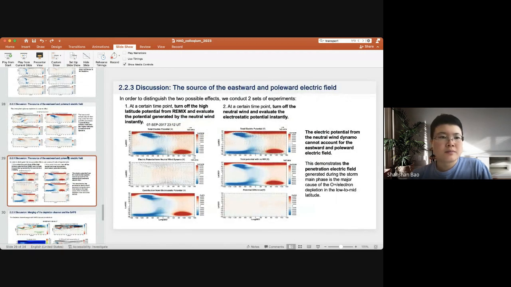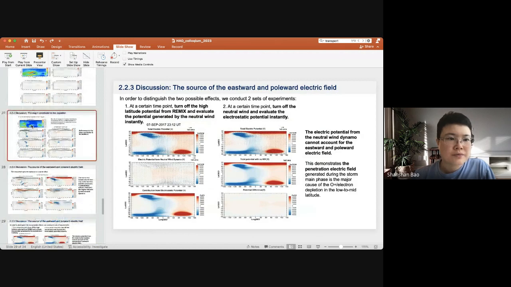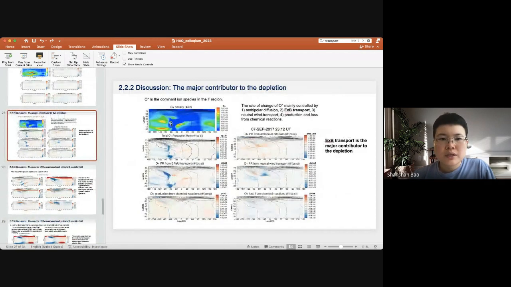To me it seems that whenever a pre-reversal enhancement happens and it is located around the dusk side, where the penetration electric field can interact with this seeding, it will generate a depletion channel. So does that answer your question, Harry?